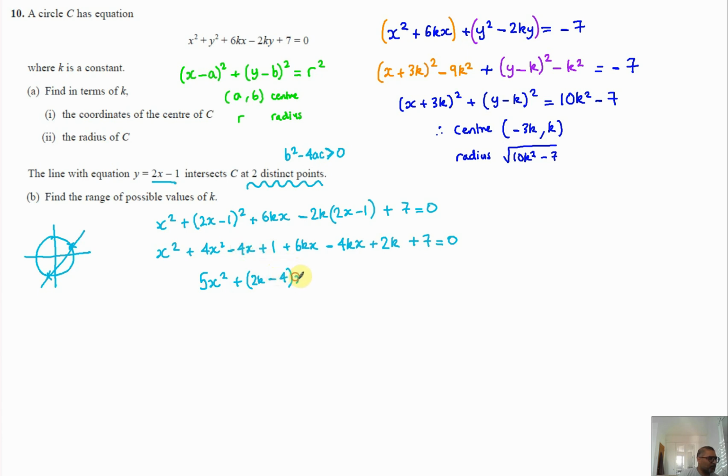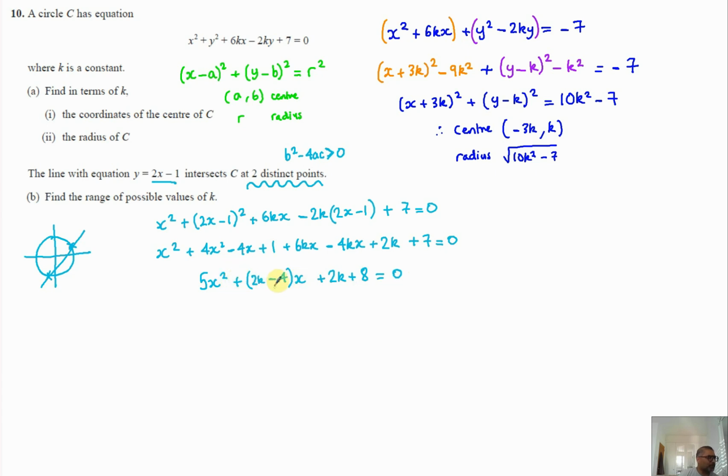So those will be my coefficients for x, and that's important to be able to factorize that out there. What else do we have? We have 1 plus 7, so 8. So I'm left with plus 2k plus 8. And because k is a constant, that means this value here would be a constant.